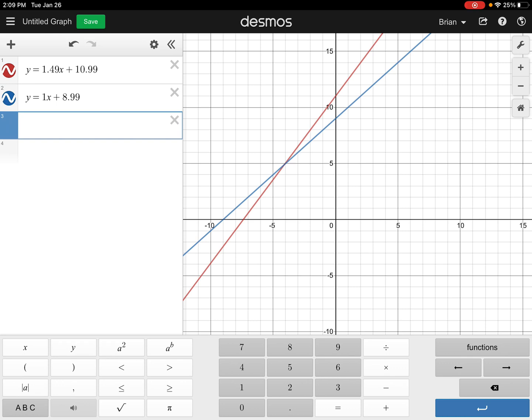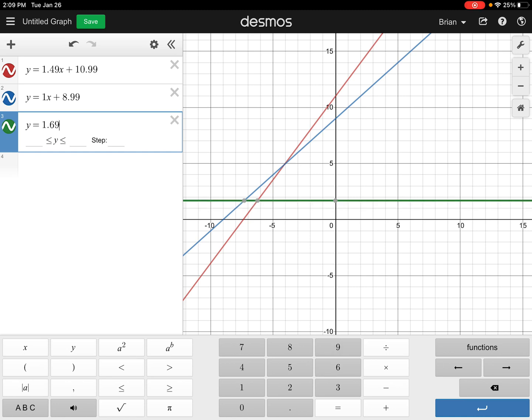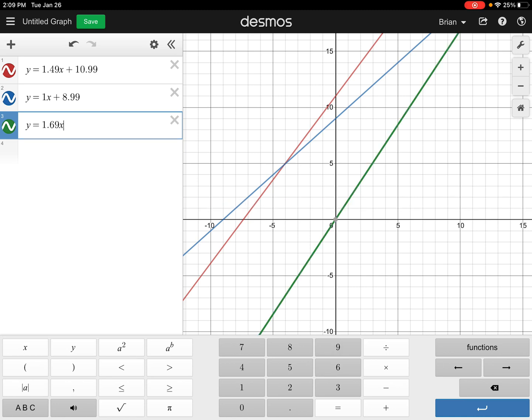All right, and then we had our large, which was y equals 1.69x plus 12.99.